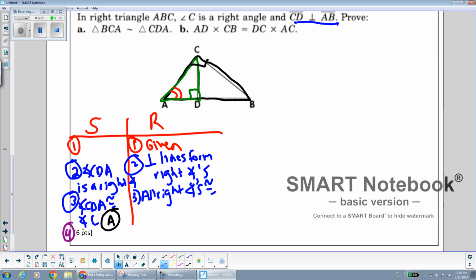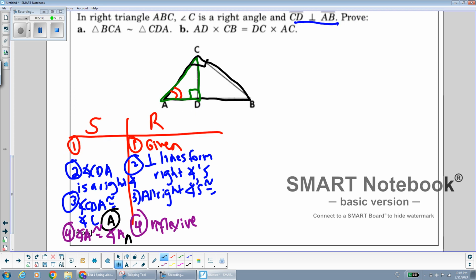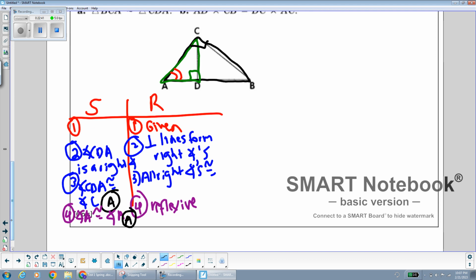Then I just need to mention angle A being congruent to angle A, and that's by the reflexive property. And that's our second A for AA. So after that, we can say that triangle BCA is similar to triangle CDA, which was our goal in part A, and that's by AA.